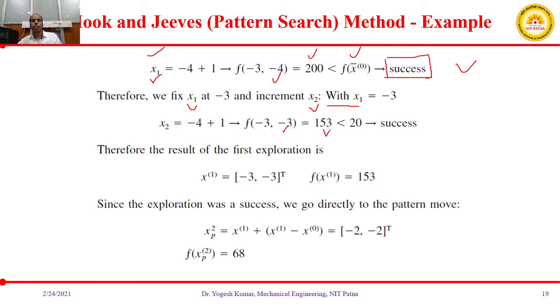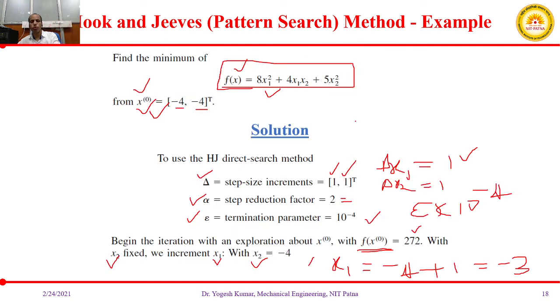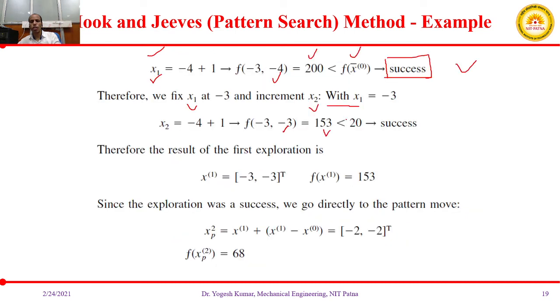Which is again less than the value corresponding to fx0. For fx0 we are having 272. Again, this is a typo error. This is 272, sorry. Okay, so this 153, the value of the function at this point, is again satisfied, and it is having a lesser value as compared to your starting point.